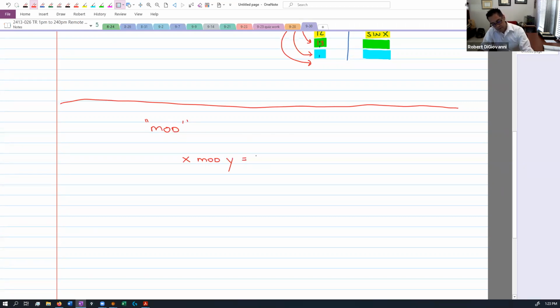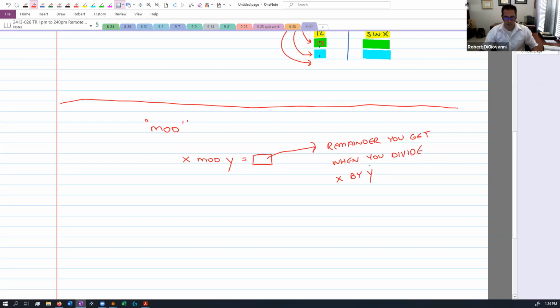And what that answer is, is the remainder you get when you divide x by y. It's the remainder you get when you take this number and divide it by this number.